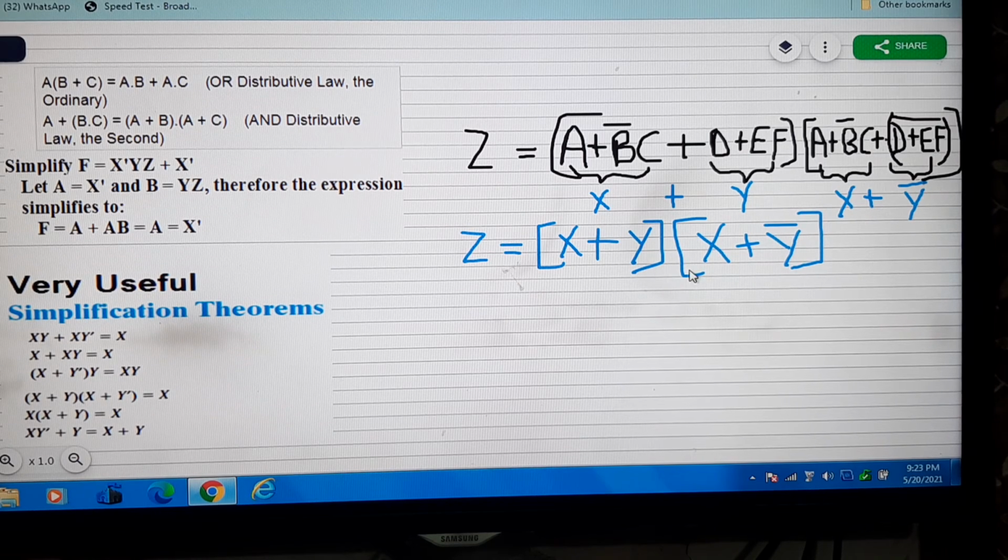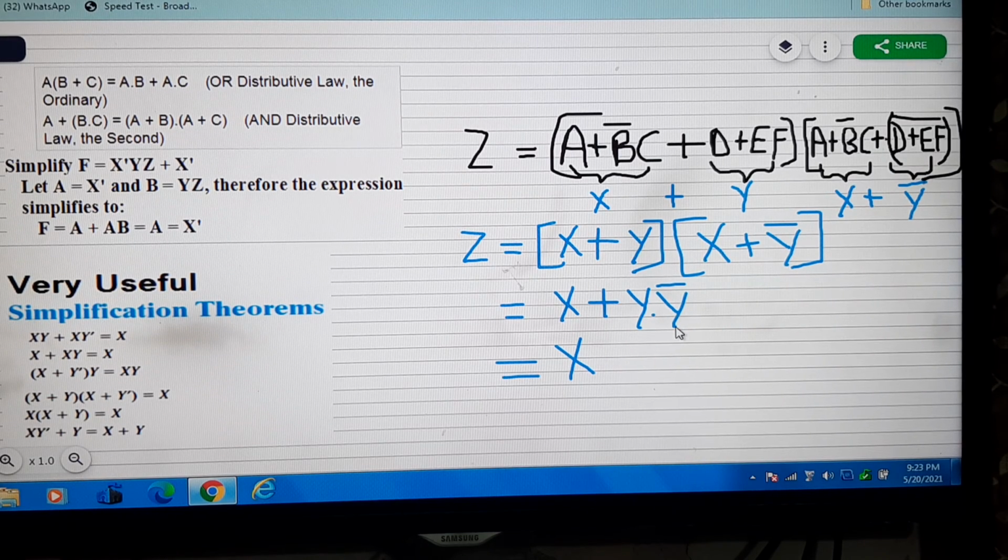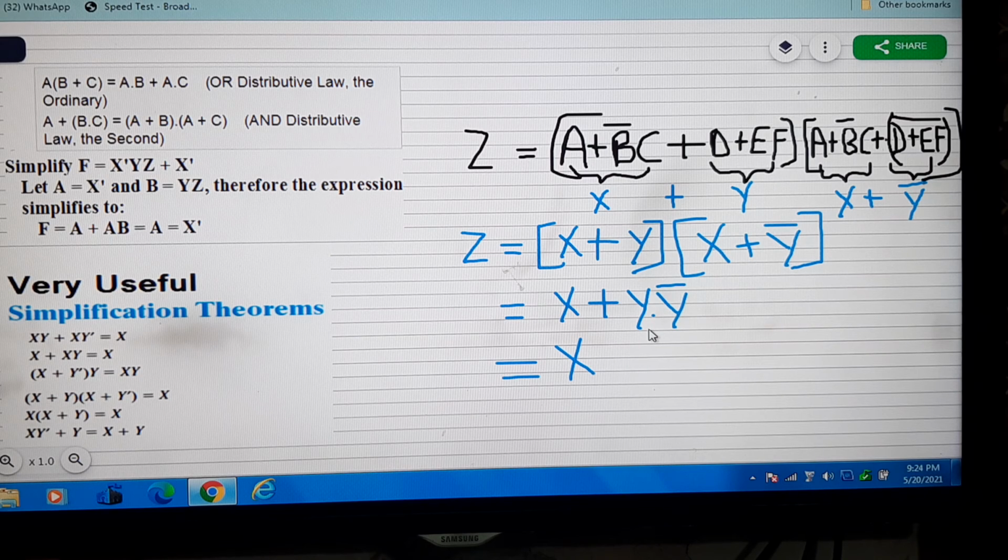So (x plus y) dot (x plus y bar) is equal to x plus y dot y bar, and this is equal to x because y dot y bar is always equal to 0. If we take y to be 0, y bar is 1 and 0 dot 1 is 0. If we take y to be 1, then y bar is 0 and 1 dot 0 is 0.